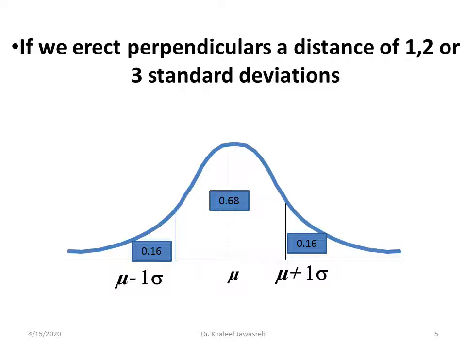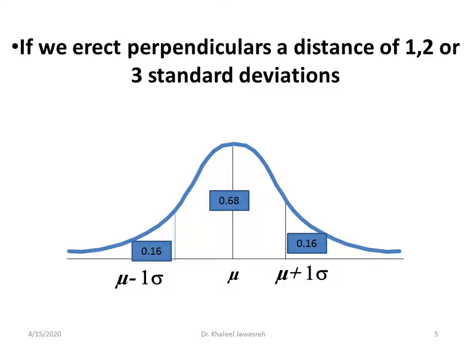Now, if we move below or above the mean just 1 standard deviation unit, you can see that we will cover both sides. Now this perpendicular is just 1 standard deviation.